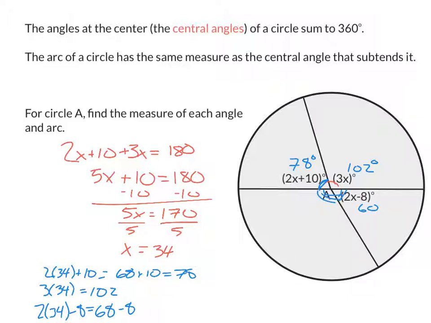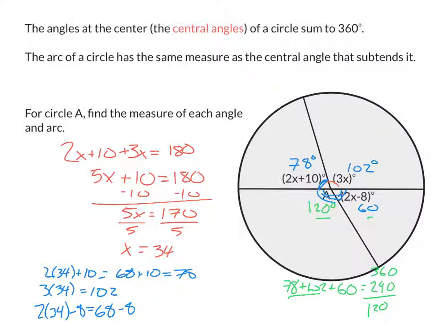Well, all 3 angles added together, 78 plus 102 plus 60: this is 180, plus 60 more makes 240, and then if we take 360 minus that, we have 120, so this must be 120 degrees. We also know that the 120 and the 60 should add to 180 because, again, together they make a straight line.